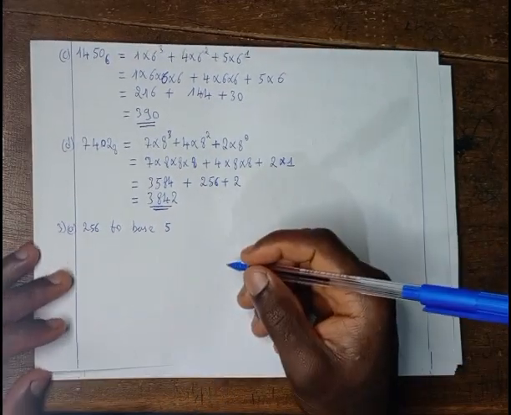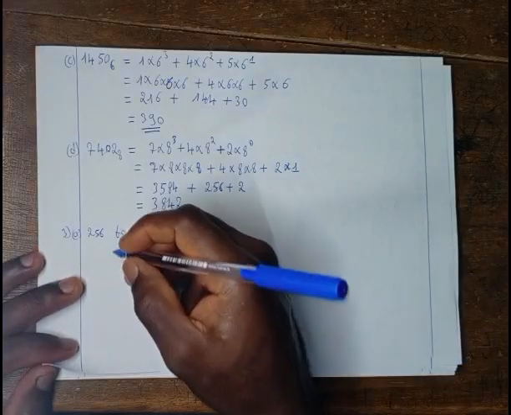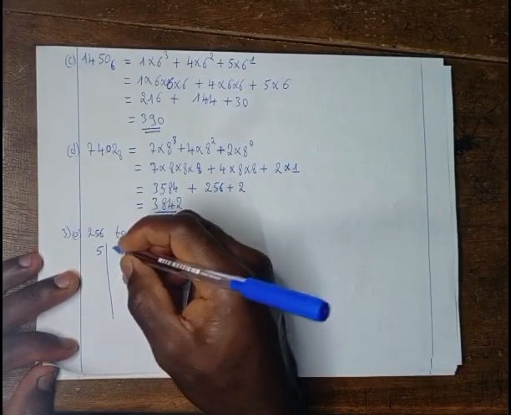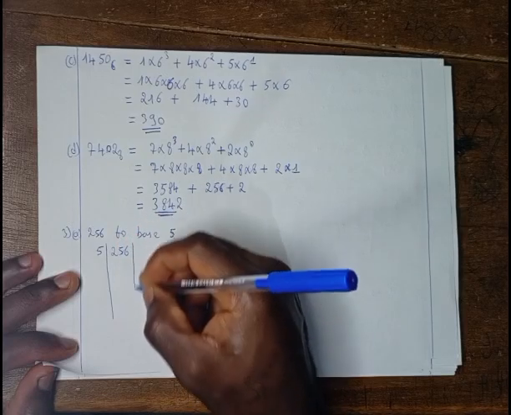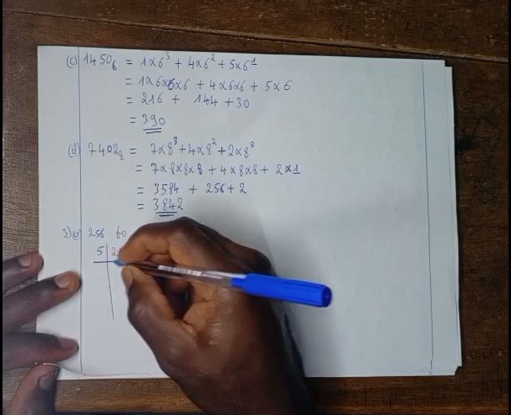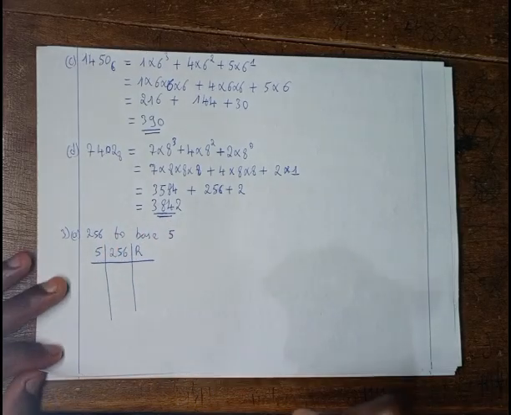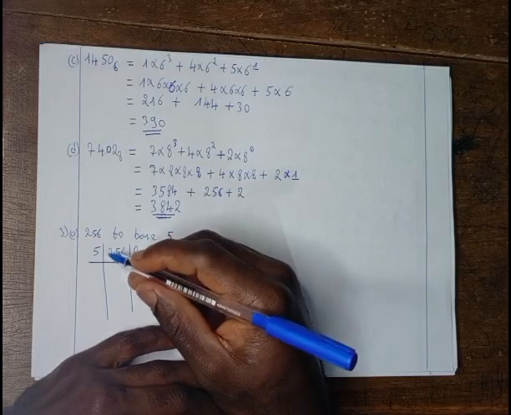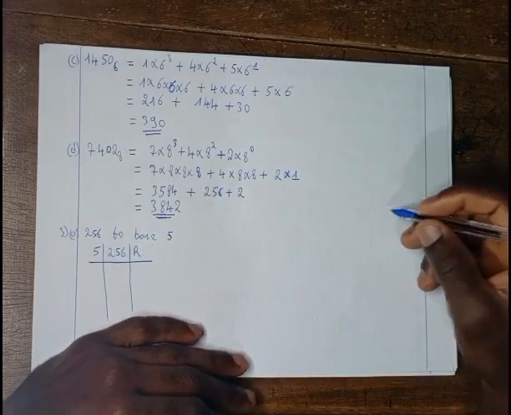We are going to make use of repeated division. This will give us, we have 5, 256, and a column for the remainder. Next, we have to divide 256 by 5.